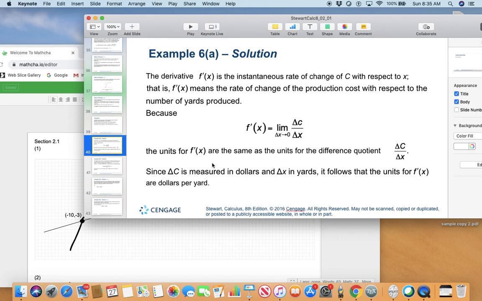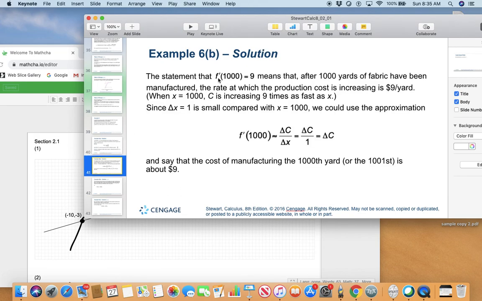All right. So the units for f prime are the same as the units for the difference quotient. Since C is measured in dollars, delta C is measured in dollars, and delta x in yards, the units for f prime, that is the rate of change of the production cost, are dollars per yard.